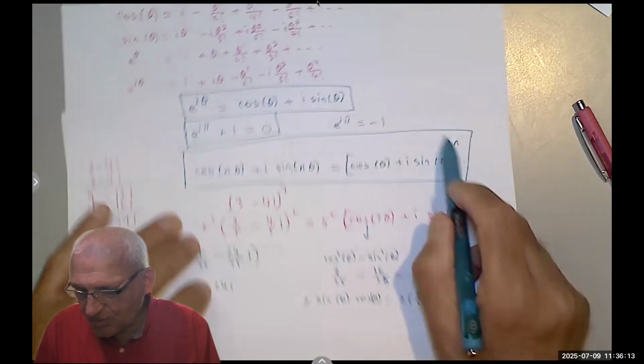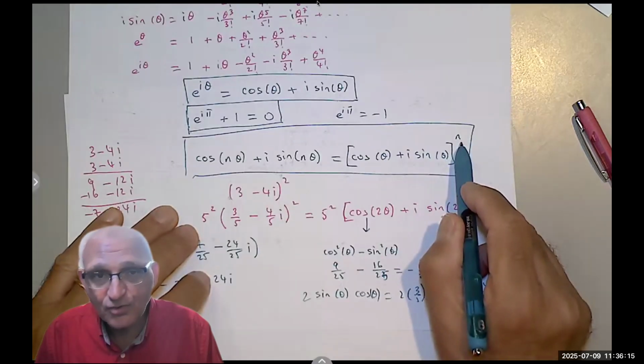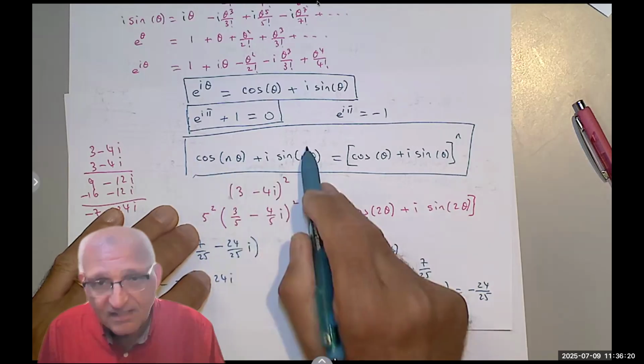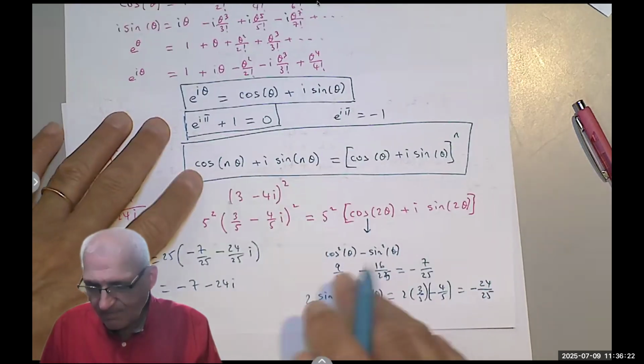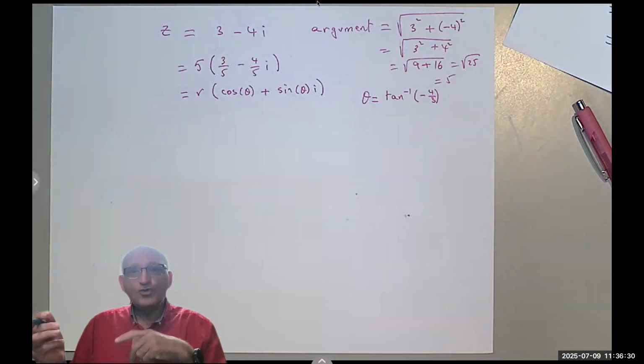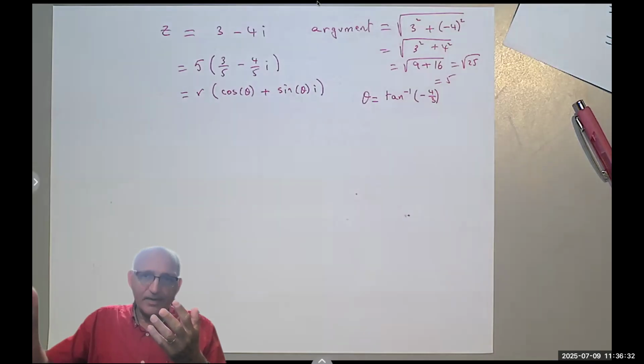If I make that to the power of 1/2, meaning the square root, it means this becomes cosine theta over 2 and sine theta over 2. So when I square, the square becomes multiplying by the power. If I take the root, it's dividing by the root.